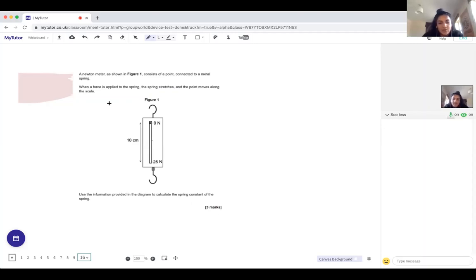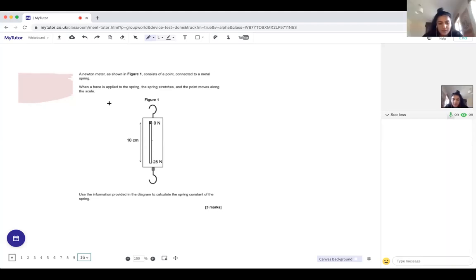Any equations that aren't on there are the ones that you need to learn. Otherwise, go on to the syllabus for your exam board, and it will tell you this equation needs to be known, this equation will be given. But there aren't specific ones that are different for foundation and higher.